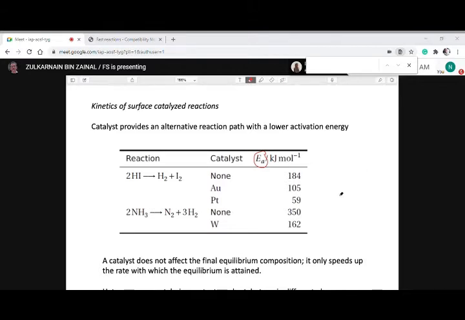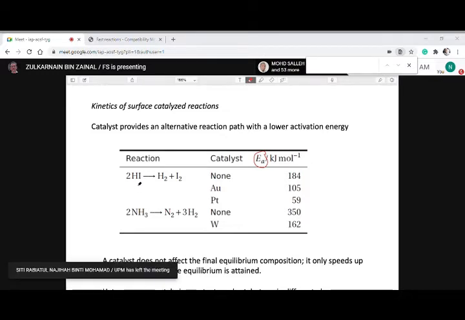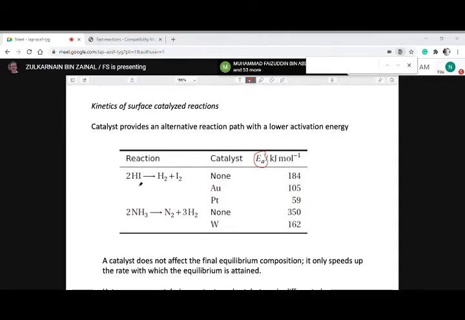Okay, so as you can see for this reaction, this is a popular process also. This is the dissociation of HI into H2 and I2, right? You can see the reaction without the catalyst, the EA value is very high, right? 184. So you can do the reaction with a number of types of catalysts. These are metal catalysts used here, the gold and also platinum. Noble metals.